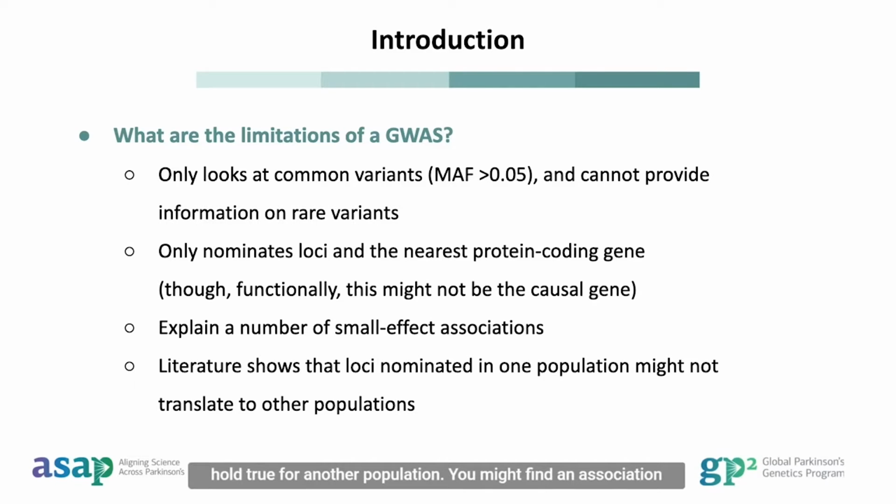You might find an association in a European population that will not be replicated in an Asian population, since risk alleles and frequencies differ across populations, and this is important to consider moving forward. Since this is a bioinformatics course, we will not discuss these concepts in detail, but instead we'll move on to the practical part.